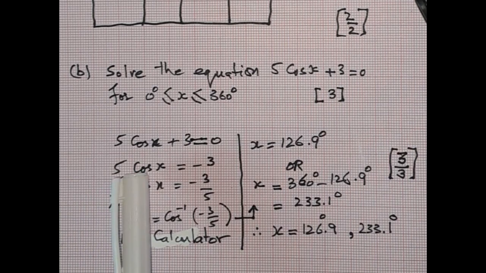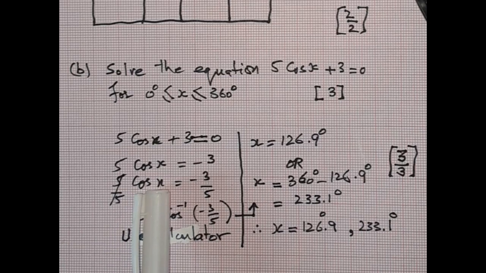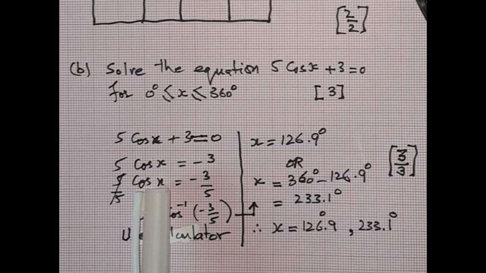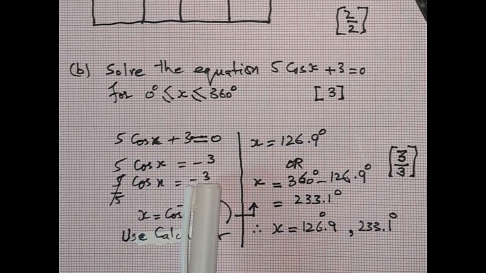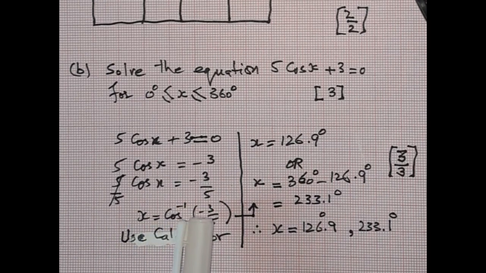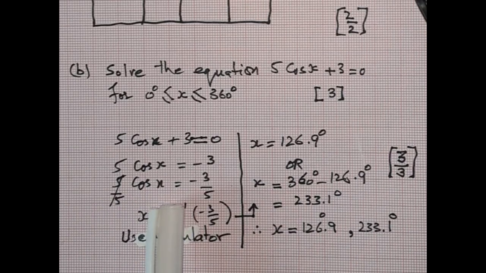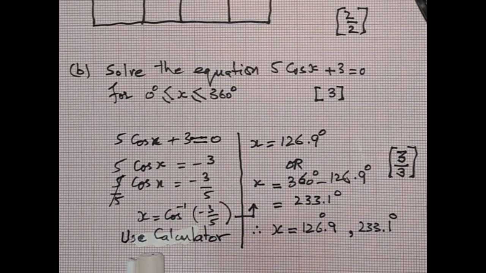Now we write down the equation again, then we make 5 cos x the subject, so plus 3 goes on the other side and gets a minus sign, and divide both sides by 5. 5 is gone here, we are left with cos x is equal to minus 3 over 5.